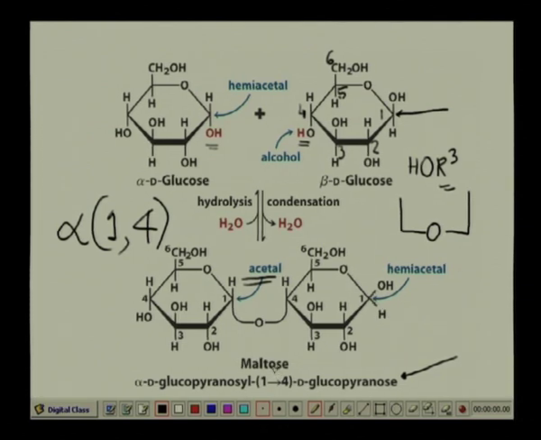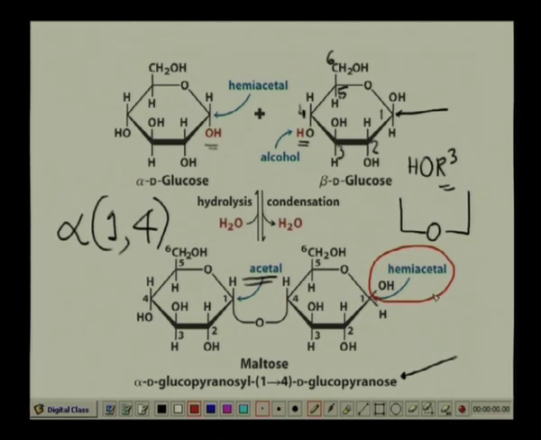So, we have alpha-D-glucose linked with beta-D-glucose. In this case, it is beta, but that has nothing to do with the linkage that we are concerned with here. When this is going to react with the next R3OH or next ROH, what is the linkage going to be? It is going to be a beta linkage, because the OH in the hemiacetal is up.